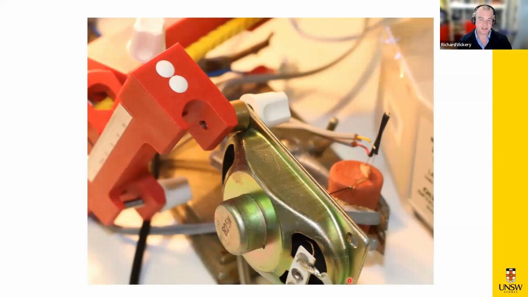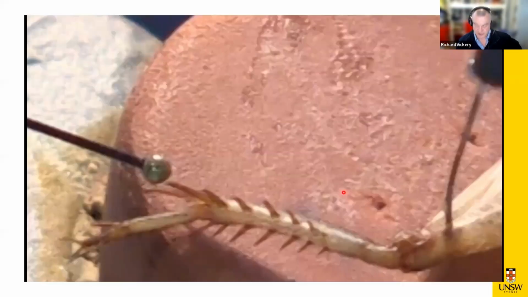And what we have is just a simple speaker, and we're controlling this with the stimulus output of the PowerLab, so we can do controlled stimulation. So here's the cockroach leg. That's one of the pins. These are the spines on the cockroach leg, and we can activate just one spine in a very controlled manner by driving that little speaker through the output of the PowerLab.